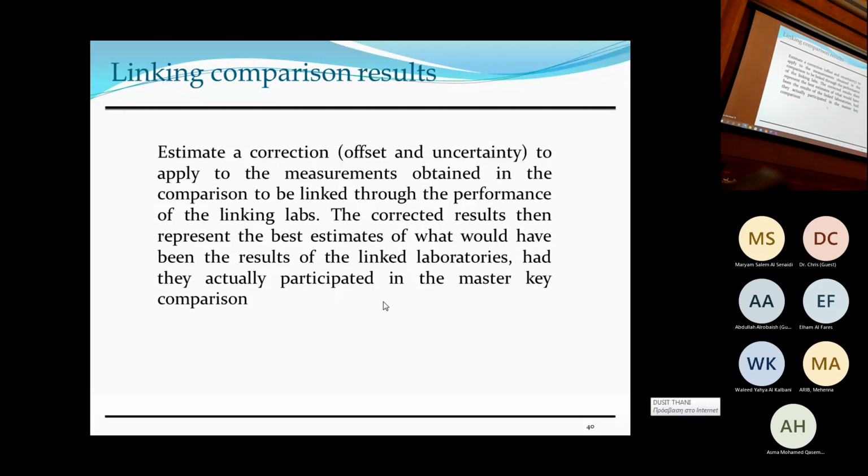The corrected results then represent the best estimates of what would have been the results of the linked laboratories had they actually participated in the master key comparison. Okay, this is what I said with different words earlier.